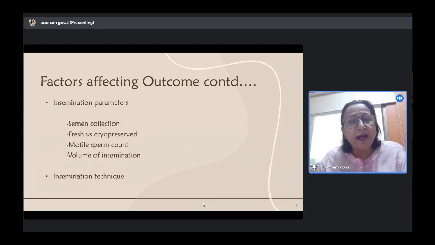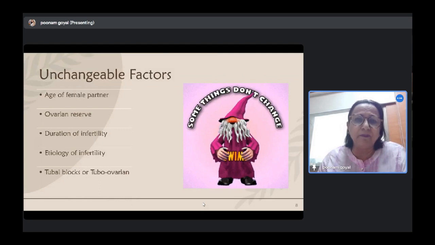Then insemination parameters: how you collect the semen, whether it is used fresh or a cryopreserved sample is used, what the motile sperm count is, the volume of insemination, and your technique. All these are important for the outcome.